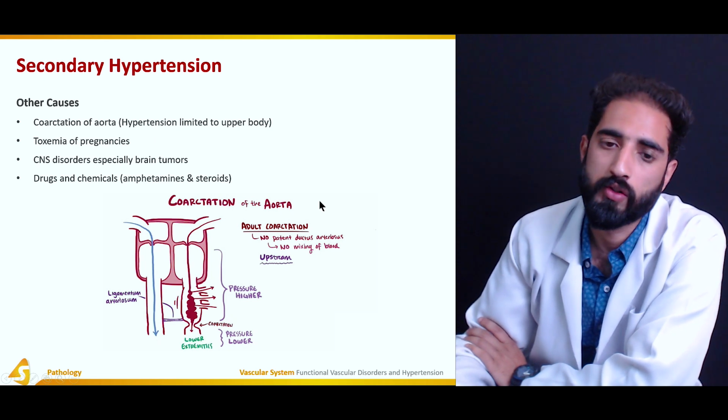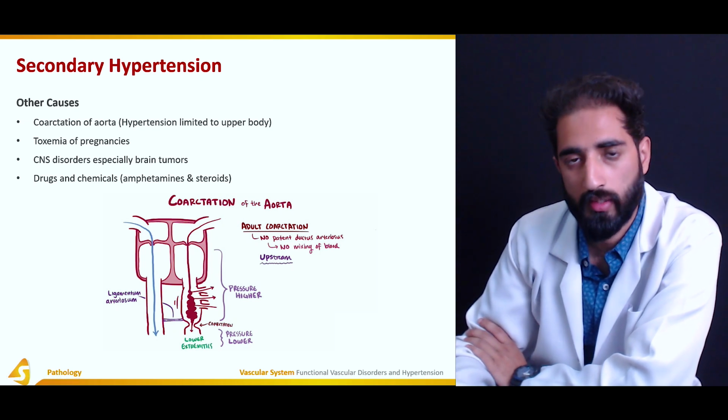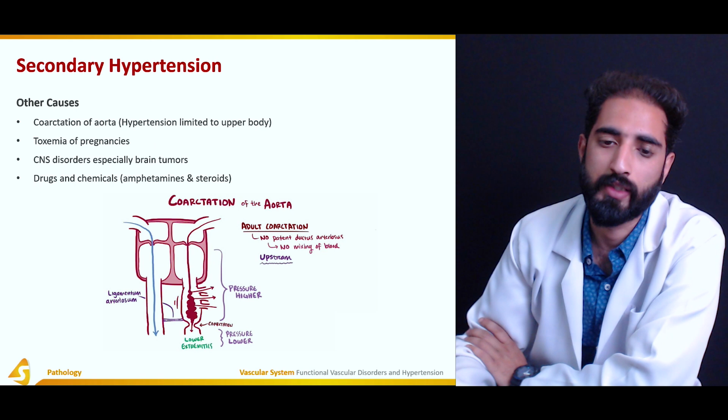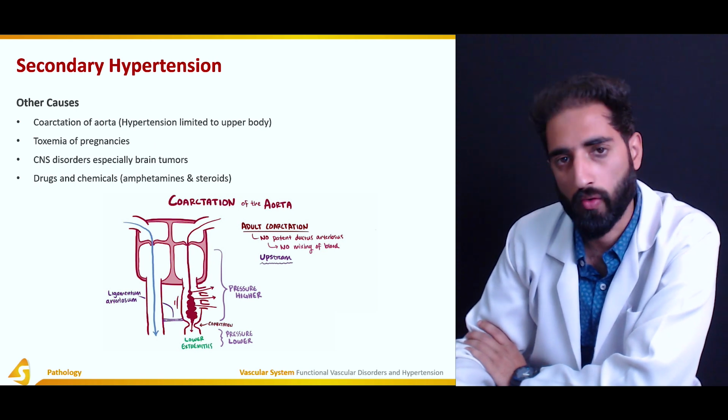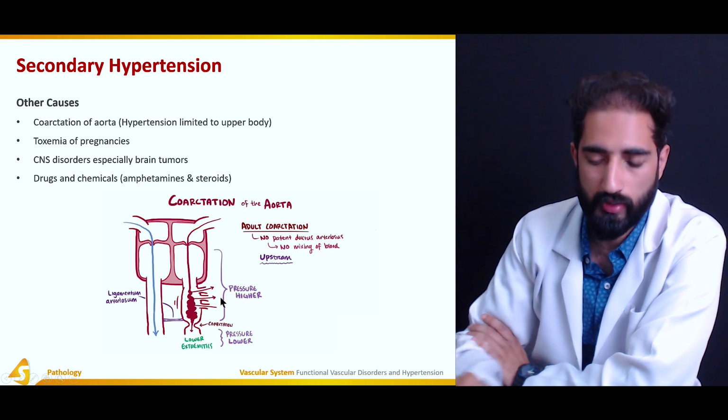It can also be because of pregnancy, toxemia of pregnancy, CNS disorders, especially brain tumors, and also drugs and chemicals such as amphetamines and steroids, which result in an increase in blood pressure.